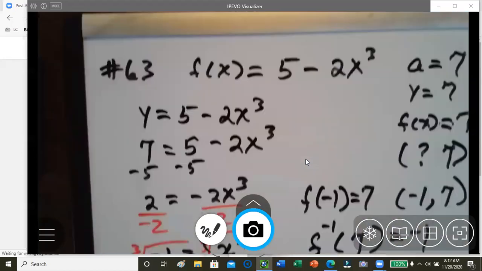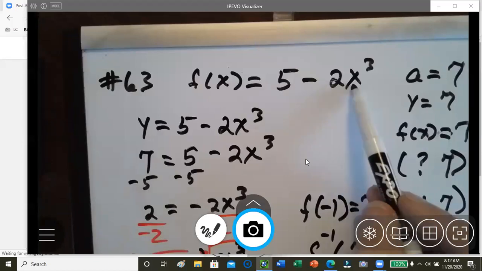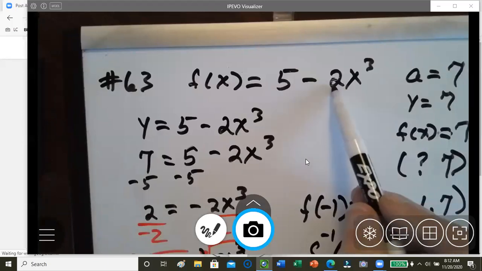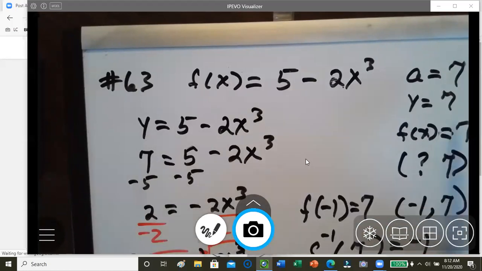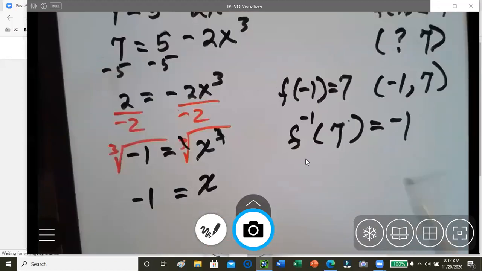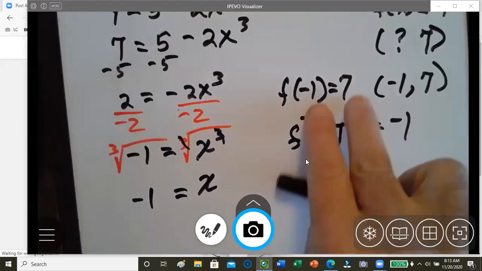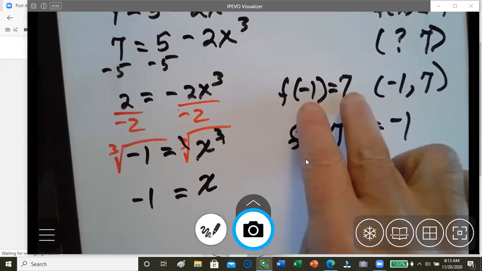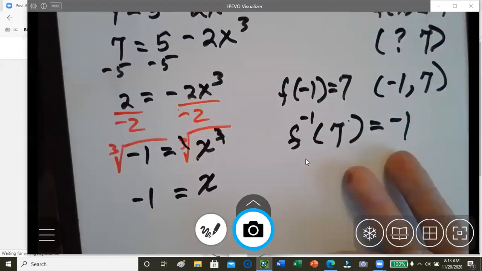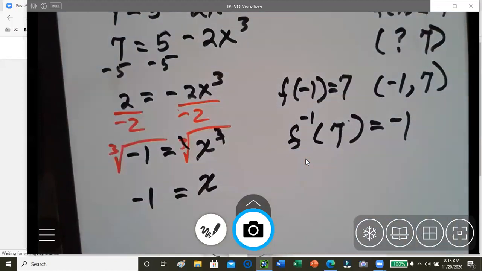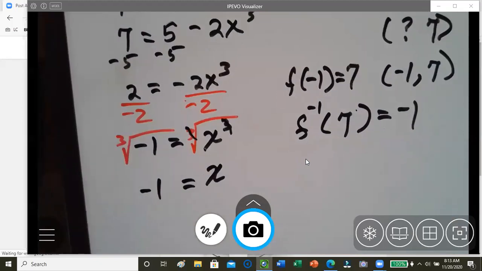So if you put negative 1 in here, negative 1 cubed is negative 1. 2 times negative 1 is negative 2, times negative 1 is positive 2. 2 plus 5 is 7. So it checks. So you have our function, you have x is negative 1, 7 going out, and the inverse is 7 going in, and you get negative 1 out.